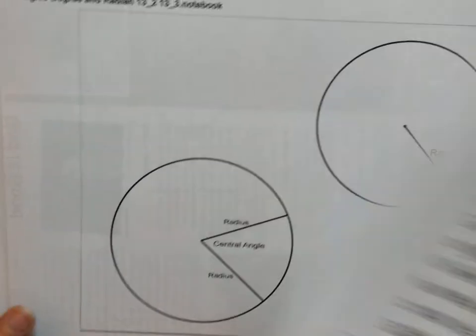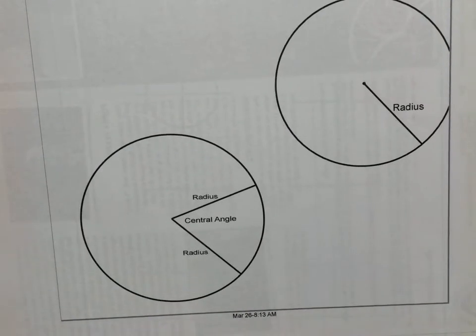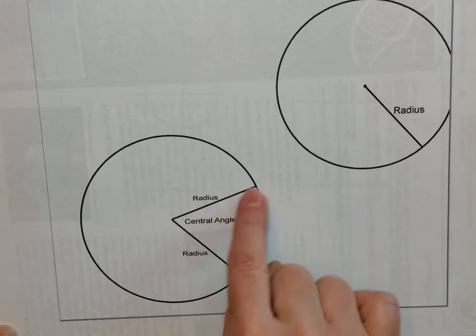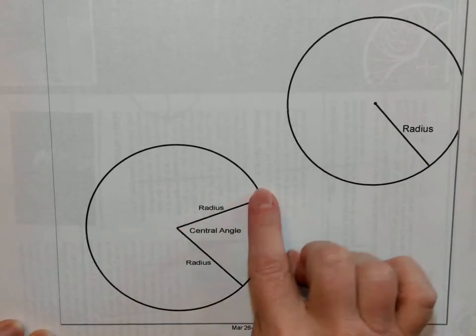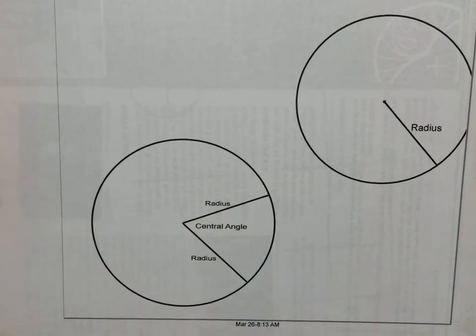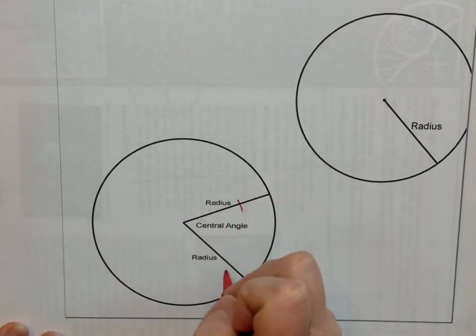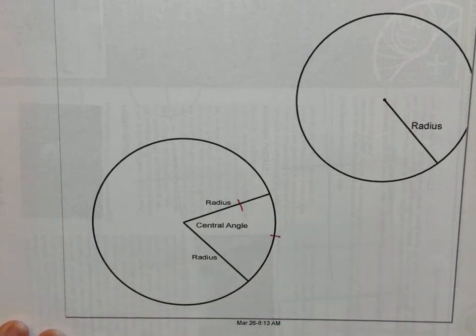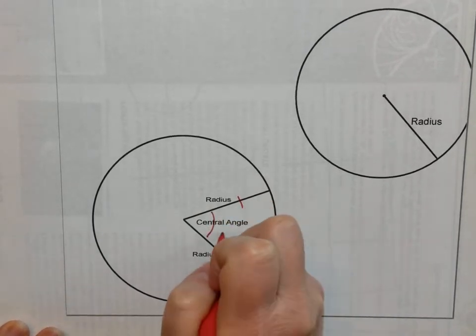All right, here it is. So here we have a central angle right here. Notice the definition: here's a radius and here's a radius, and what it says is when this arc is equal to this radius, the angle is 1 radian.